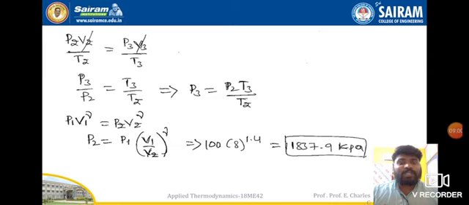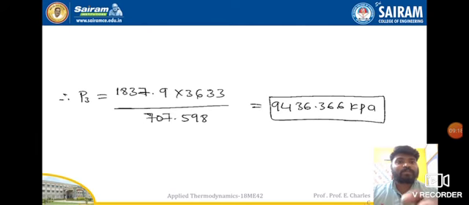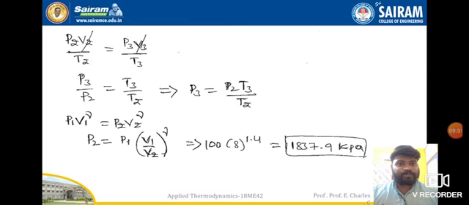So P2 is equal to P1 into compression ratio whole to the power of gamma, which gives 1837.9 kilopascals for P2. If you substitute the same value in the P3 equation, we will get 9436.366 kilopascals. This is the way to find the maximum pressure and maximum temperature.